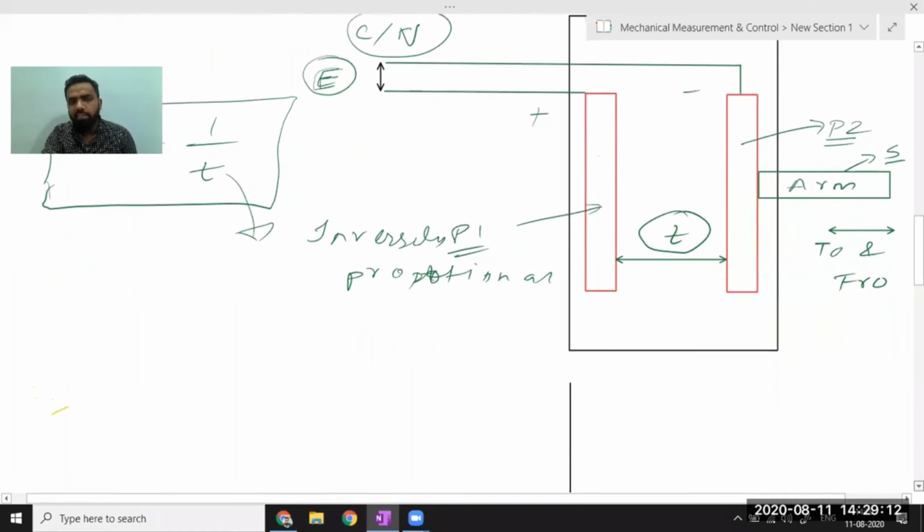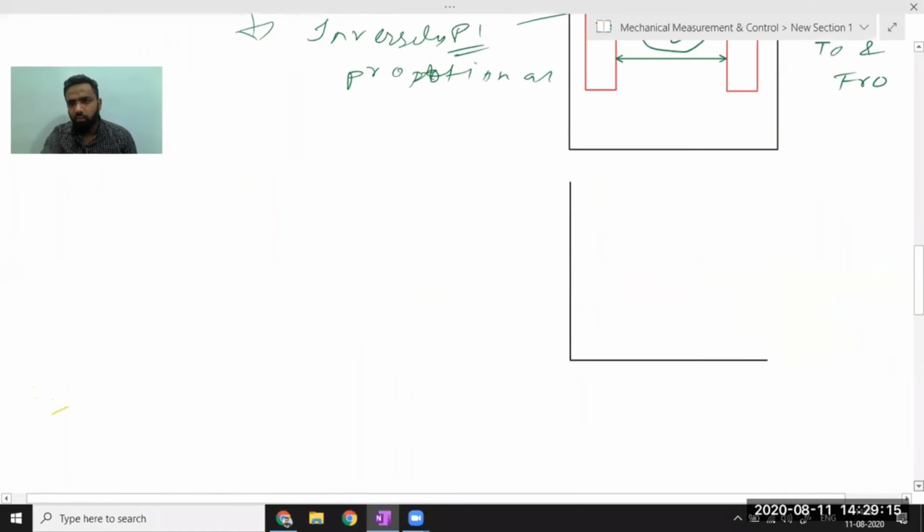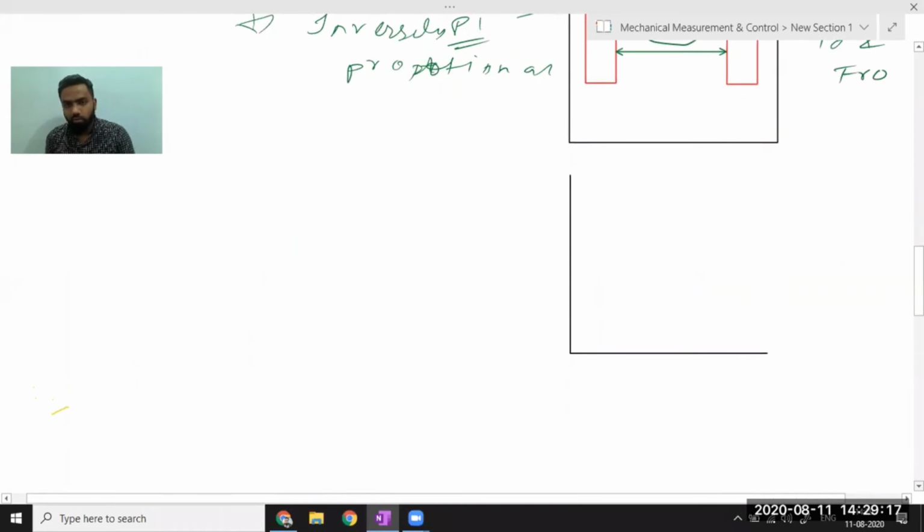If I try to plot capacitance versus the distance between the plates, automatically I know when C will be more. Just think about it.